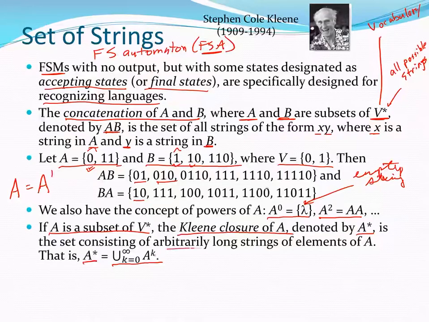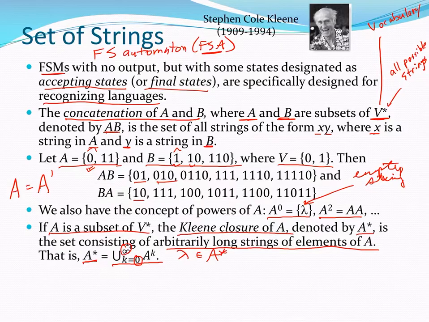And A star contains arbitrarily long strings of elements of A because we consider an arbitrary number of them. We also include A to the 0, which means that the empty string will always be an element of a Kleene closure.